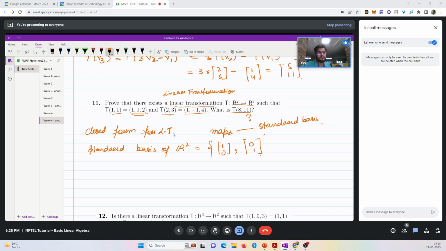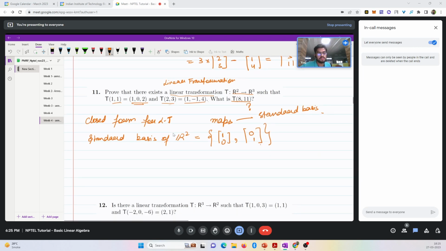So first of all, we will try to find the map of 1, 0 and 0, 1. Let's name these things. Let 1, 1 be v1 and 2, 3 be v2. Now, how can we obtain 1, 0 from 1, 1 and 2, 3?